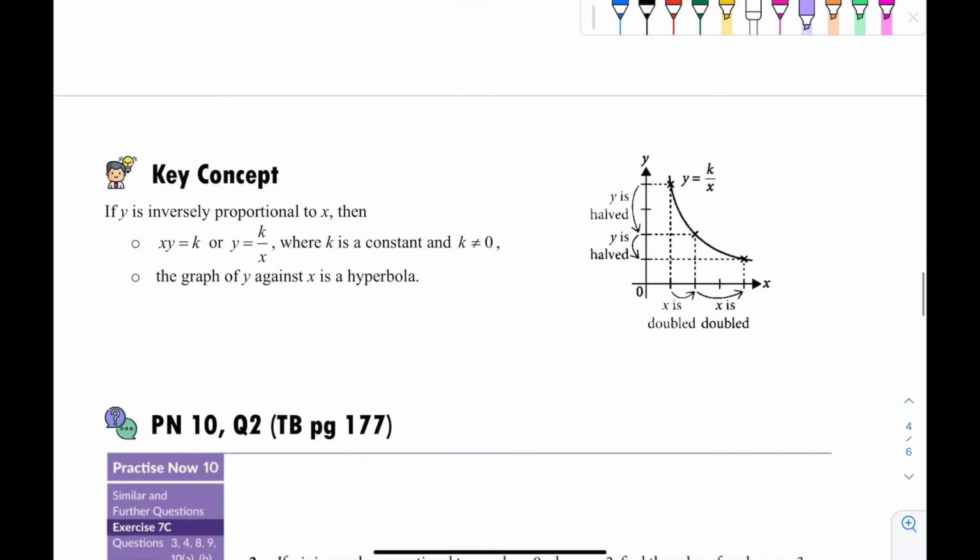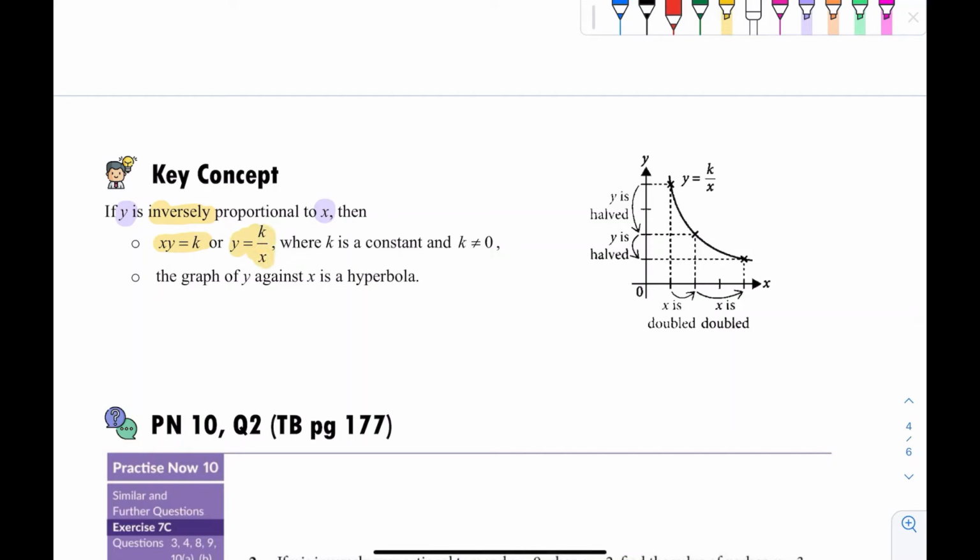So the key concept over here is that when I say that y is inversely proportional to x, I can form an equation, and the equation could either be x times y equals k or y equals k divided by x.